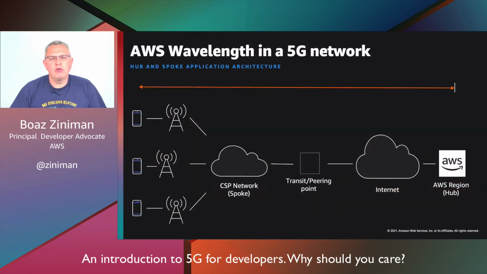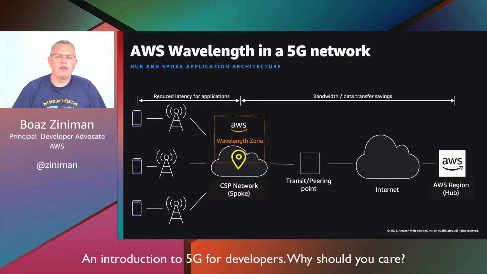As mentioned before, latency of applications deployed to AWS regions depends on where the users are, where the regions are, and the specific path traversed to reach the applications in the region. With AWS Wavelength and compute instances running at a site embedded in the mobile network, this network distance is reduced, and it's actually reduced dramatically.